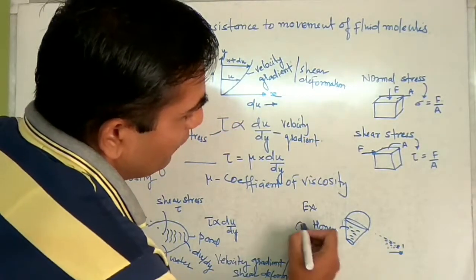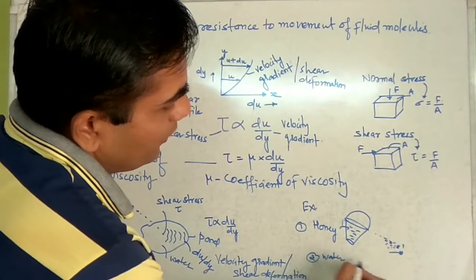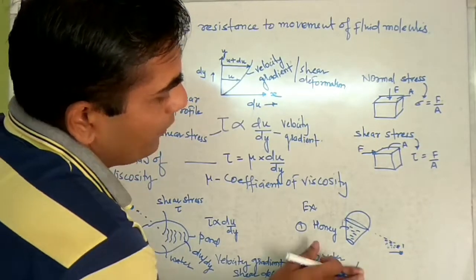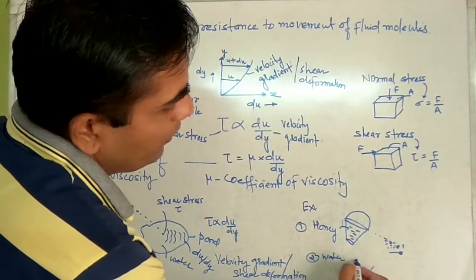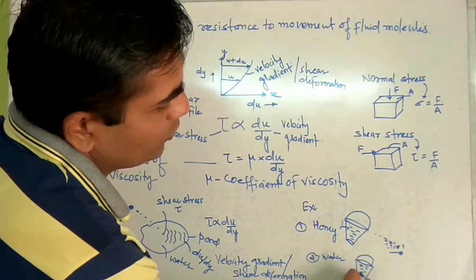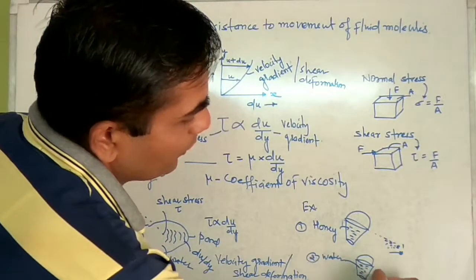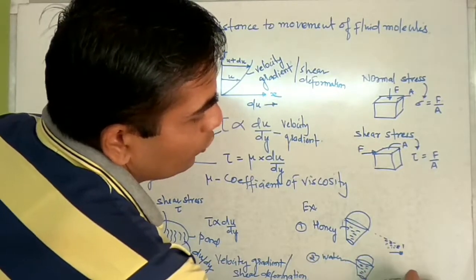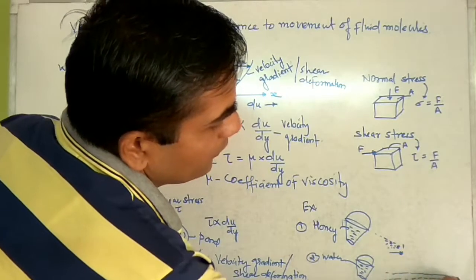The other example is of water. Another bucket is there, and in that bucket suppose the water is there, and if we pour that water, it will go a farther distance up till this point.